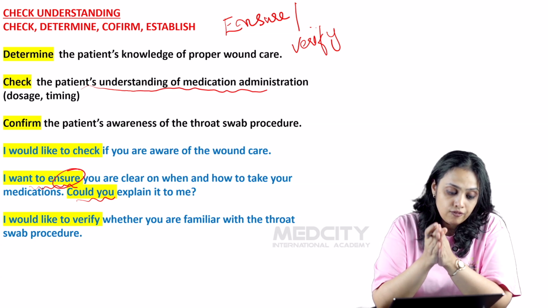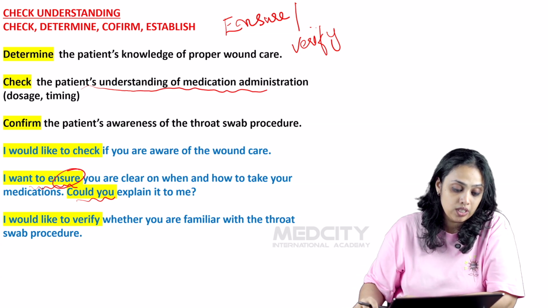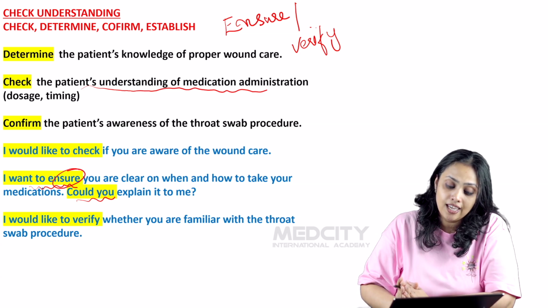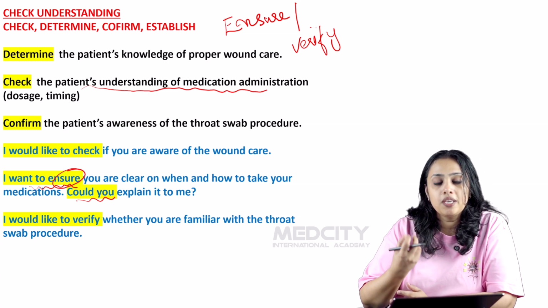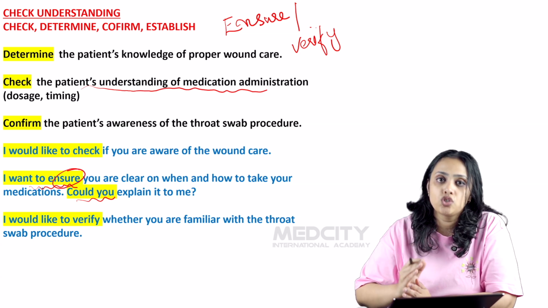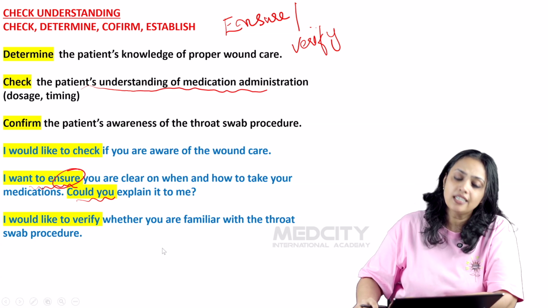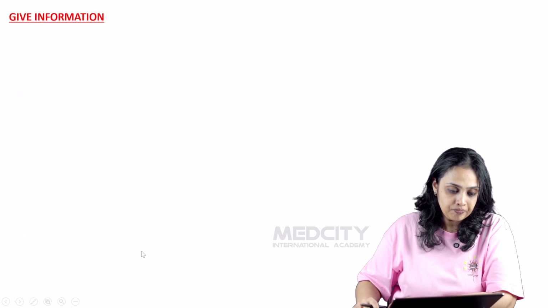So it will be good if you can frame sentences in the ways which I have shown here, like I would like to check, or I would like to ensure, or I would like to verify, and so on. Basically, while hearing your speaking, the examiner should understand that you are just cross-checking with the patient rather than asking a question. I hope that's clear. Now we shall move on to the next category of verbs.